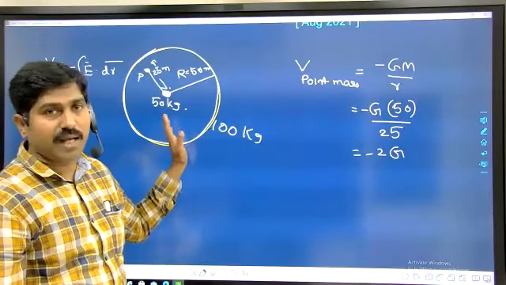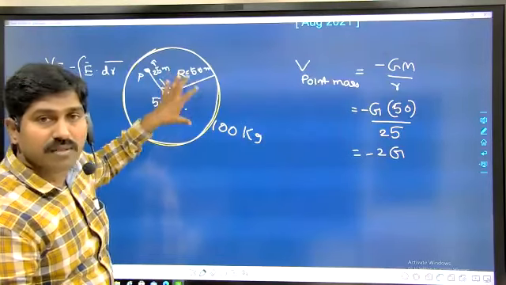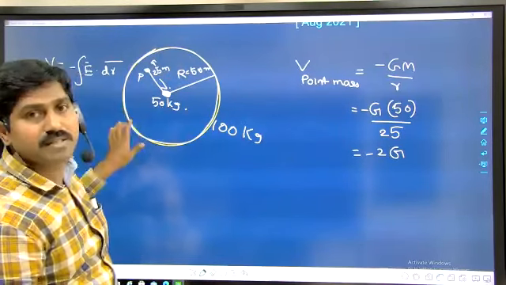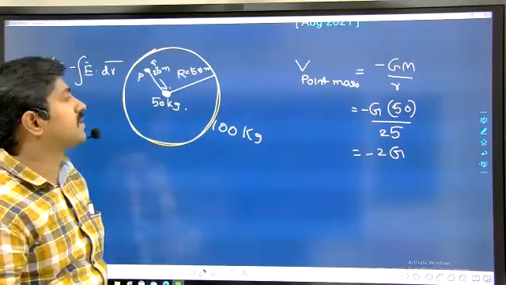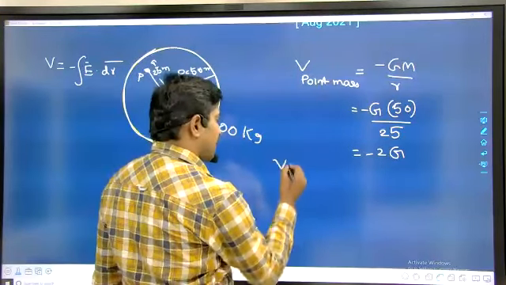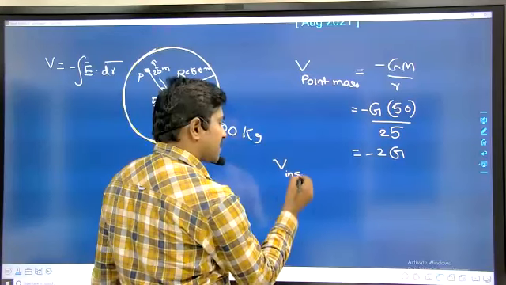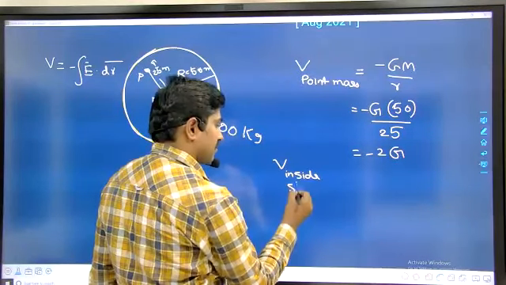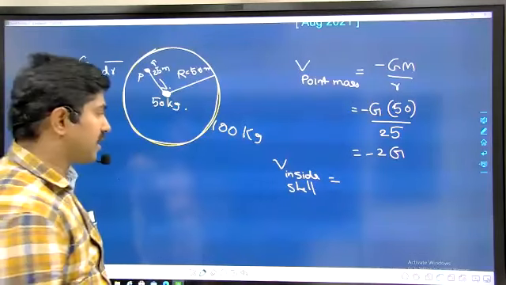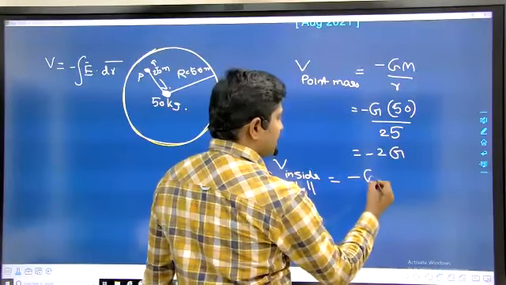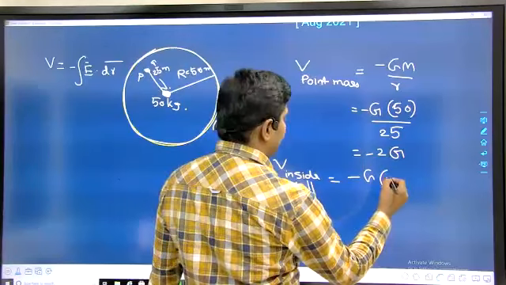In the case of a shell, what will happen to the potential? Whatever the potential is on the surface, the same potential it maintains at every point inside the surface. So potential inside the shell, what is the formula? Whatever potential there is on the surface, simply minus G into the same formula, M by r only.